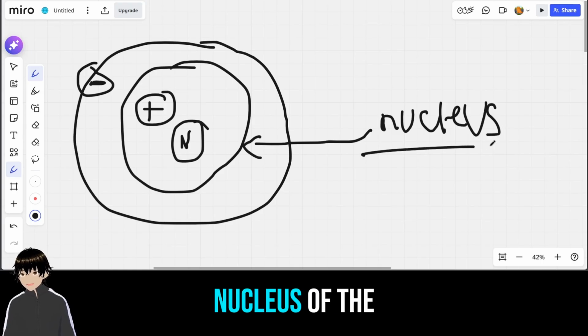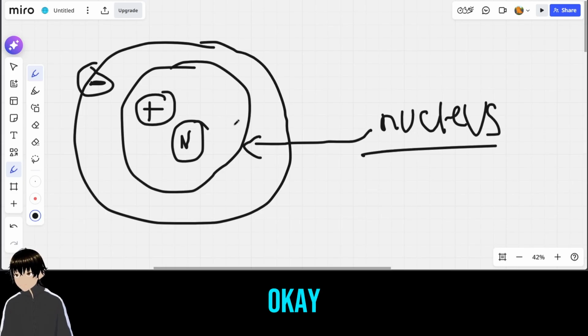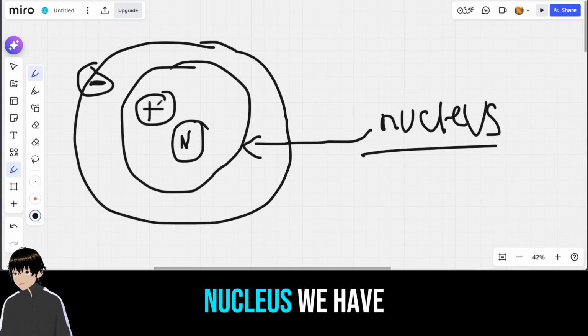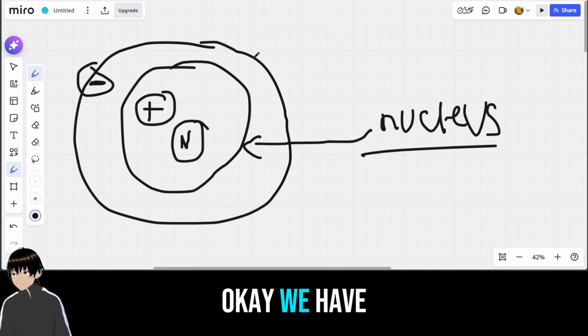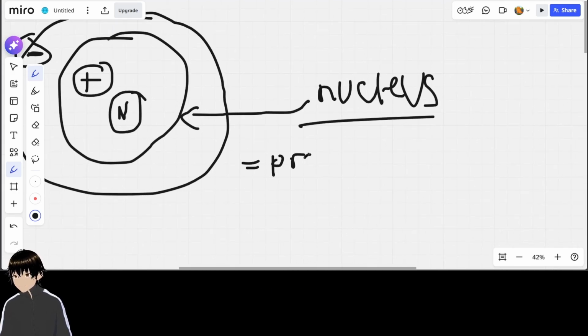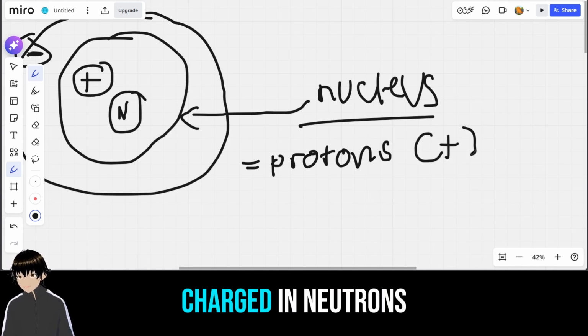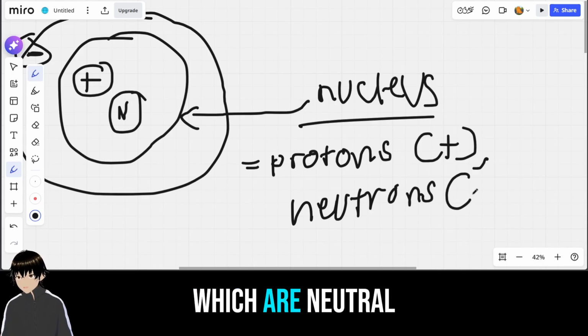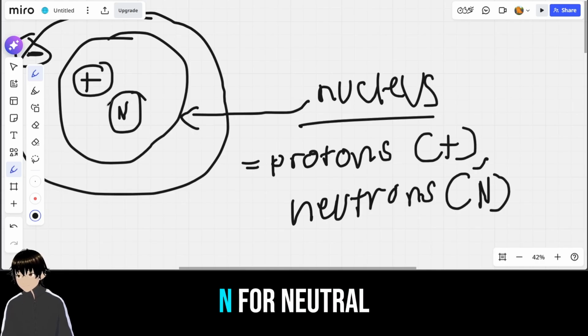So, in the nucleus of the atom, you can see that inside of that nucleus, we have protons, which are positively charged, and neutrons, which are neutral. Let's just say N for neutral.